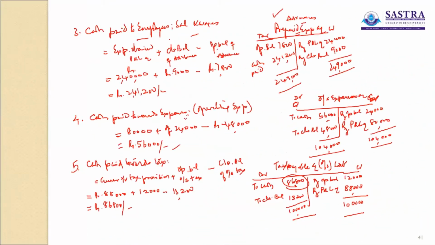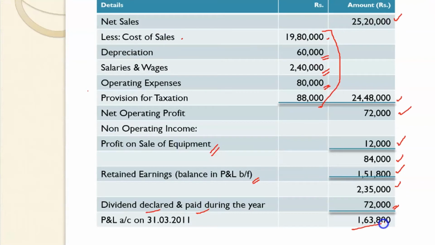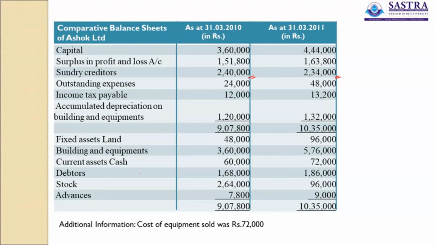Next, we have to calculate cash paid to employees. If you look into the income statement, salaries and wages claimed as expenses for the current year are given as rupees 2,40,000. It's not actually cash paid, it is claimed as an expense for the current year. When you look at the balance sheet, on the asset side, you have advances, opening and closing.